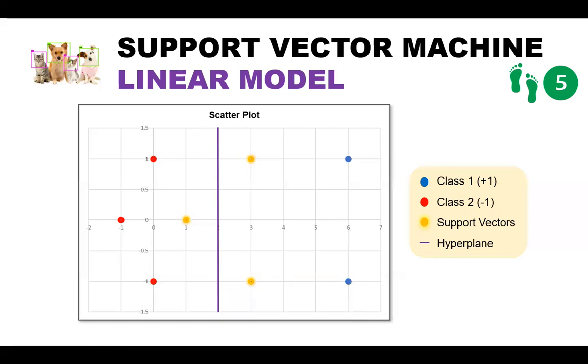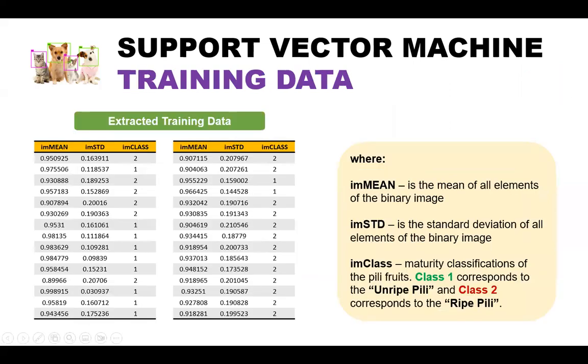Now, to give you the results from our Matlab project using L-SVM, let's move on to the next slide. So here's the statistics of the extracted training data from the Pili Fruits sorting project that I have created. Just to share some of the terminologies, IM mean is the mean of the binary image. IM STD is the standard deviation of the binary image.